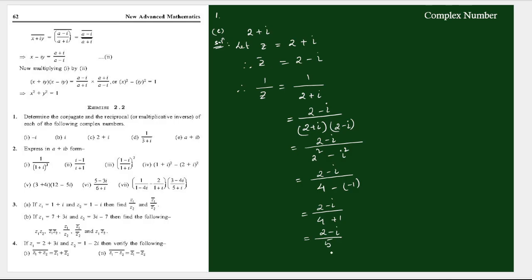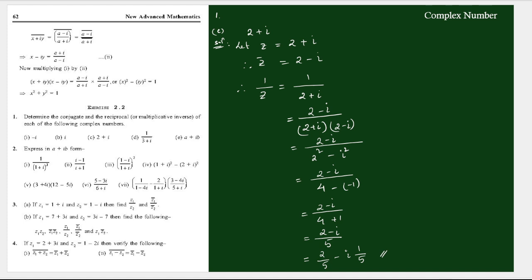Now we write the real part and the imaginary part separately, so 2 by 5 minus i 1 by 5. So this is your multiplicative inverse.